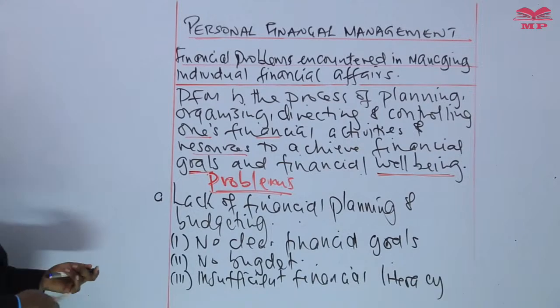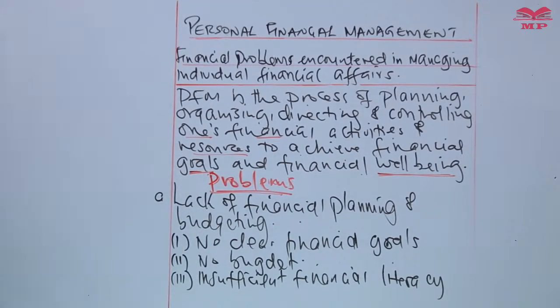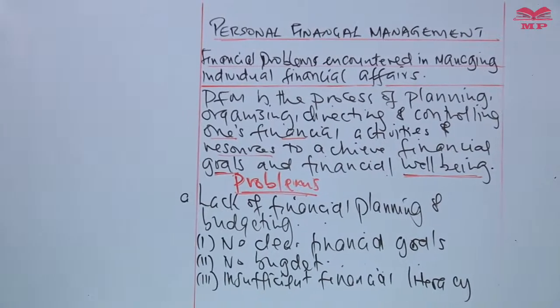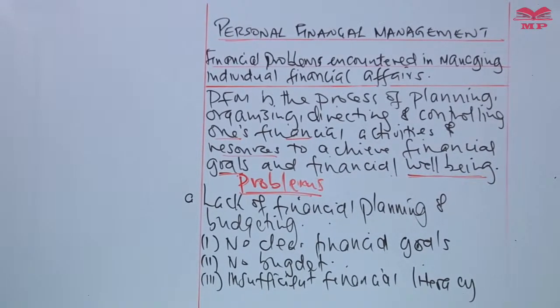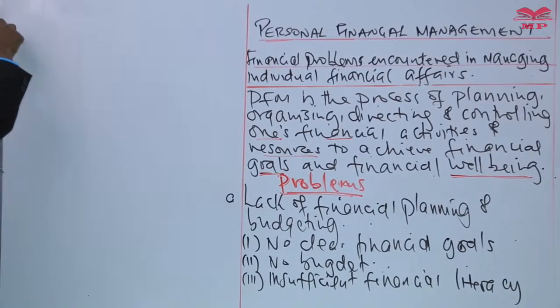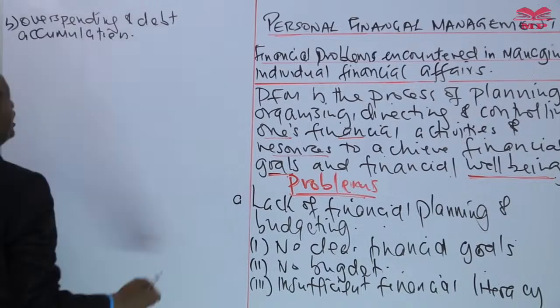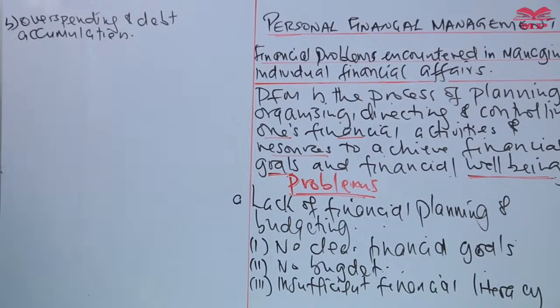I've discussed 3 points. Then the second category is overspending and debt accumulation. Overspending and debt accumulation is yet another financial problem encountered in managing individual financial affairs.